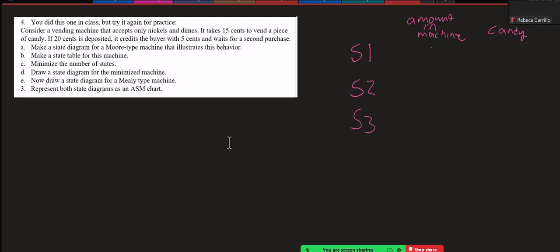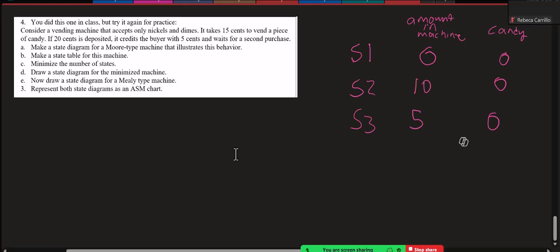These may look funny, but it's so I have them in the same order as my notes so all my states match up. I could have 0 cents in the machine, a dime in the machine, or a nickel in the machine, and in none of those cases would I have candy. So let's start with those.